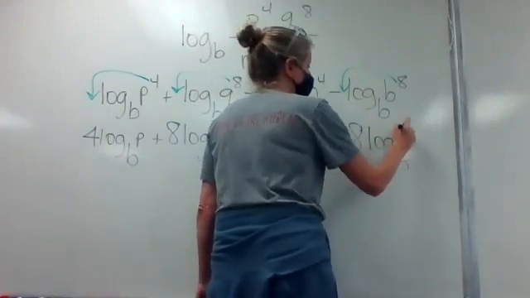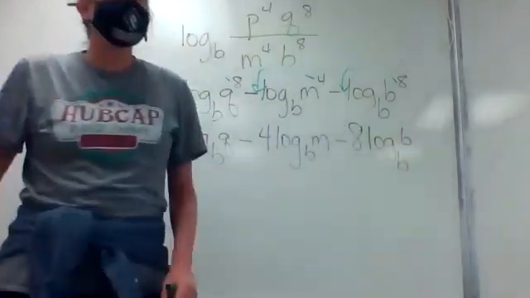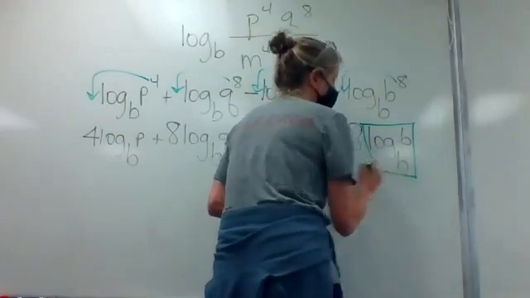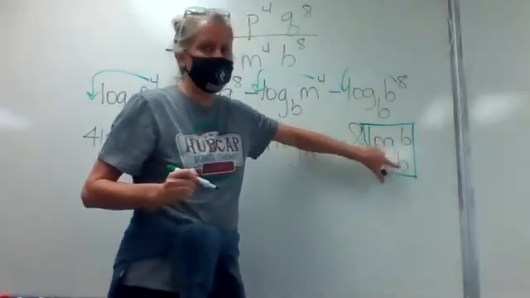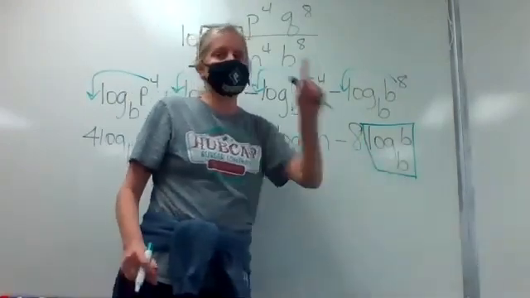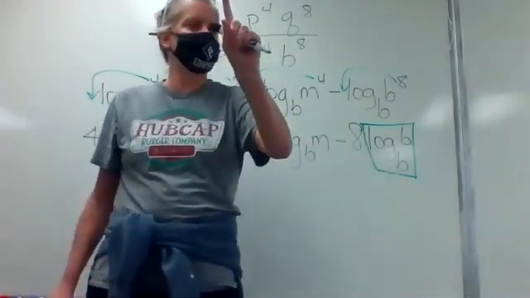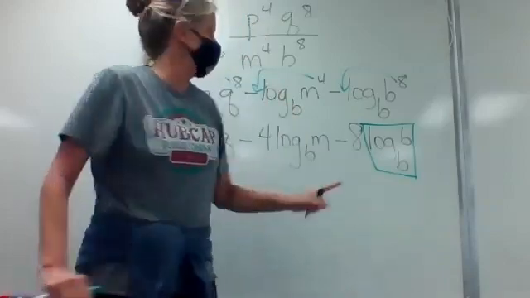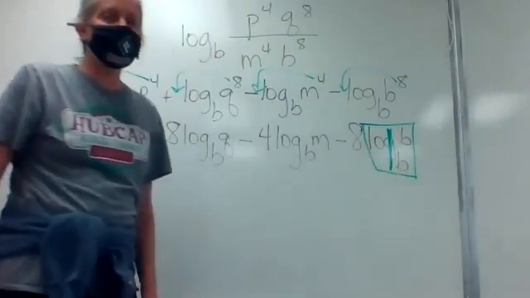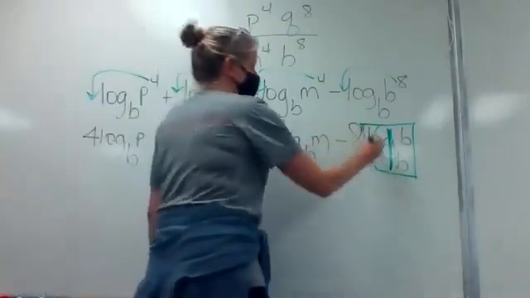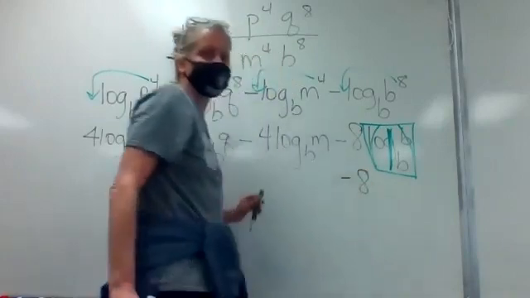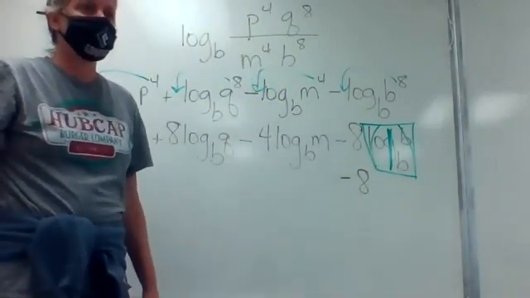Log base b of b. Anytime you have this situation, if the base and what you're taking the log of are the same thing, this whole thing cancels out and turns into a 1. So you really have minus 8 times 1 right there, which means at the end of this, you really just have that minus 8.